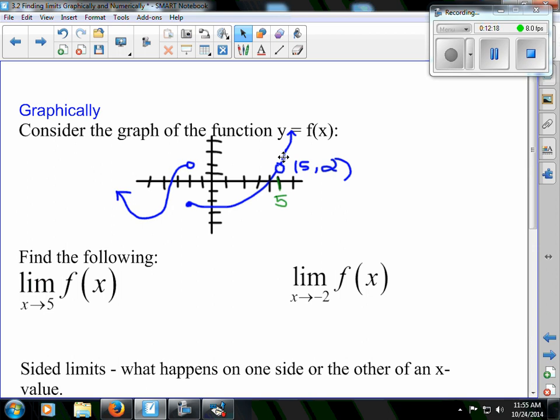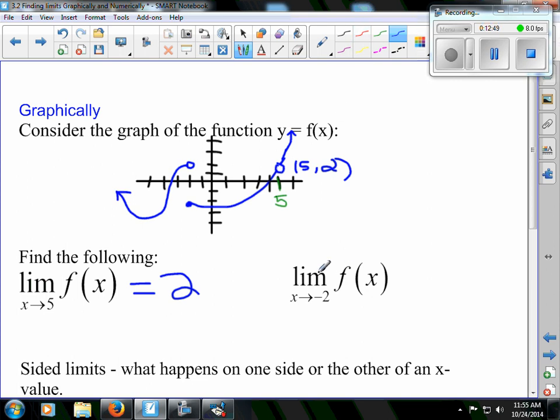But if I'm following the graph to where x is 5, then I hit this hole again. But what happens here is from either side, on the left, the y values come up to the y value 2, even though they don't ever get to 2, they come up to 2. And from the right, they come down to 2. And so we do have an answer for this limit. The answer is the y value 2. As x is approaching 5, the y values approach 2.